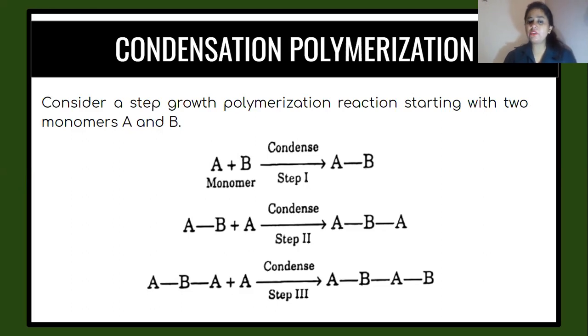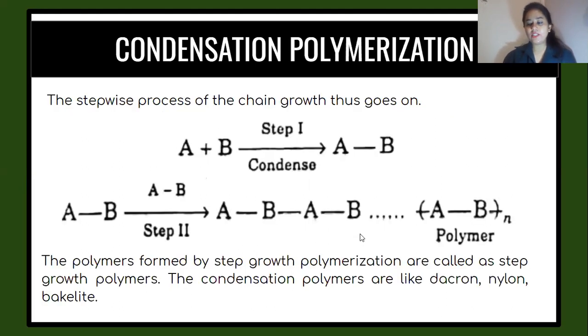Now this AB further reacts with A and results in the formation of ABA. So it reacts stepwise and thus the chain goes on. You can see here A is reacting with B and condensing to form A bond B. This AB again reacts with AB, then AB, AB, AB and so on, n number of times, and the polymeric chains are formed.